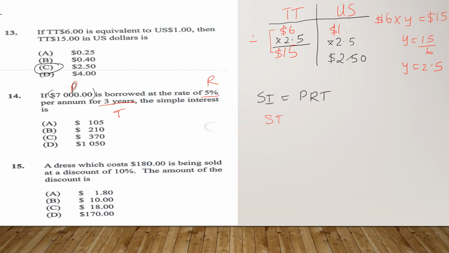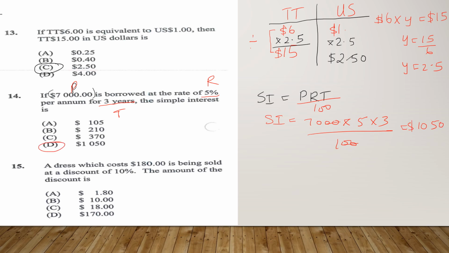So SI is equal, 1 over 100. So it'll be 7,000 times 5 times 3 over 100. Let's take off these two zeros, and it will be 70 times 15, which is 1050. $1,050. The answer is D.